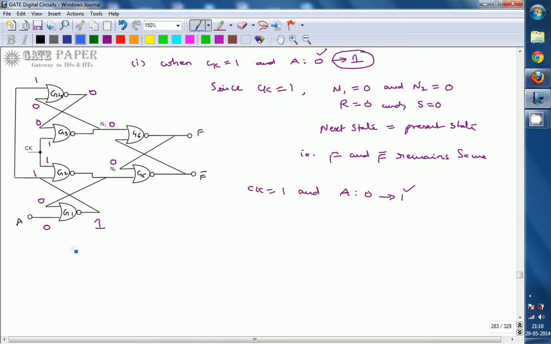A is changing from 0 to 1, and clock is equal to 1. Whenever clock is equal to 1, N1 will be 0 only and N2 will be 0 only. Even though A changes, the values of N1 and N2 remain the same, because you are applying one of the inputs for the G3 and G2 gates as logic 1, which makes the outputs of those gates 0.